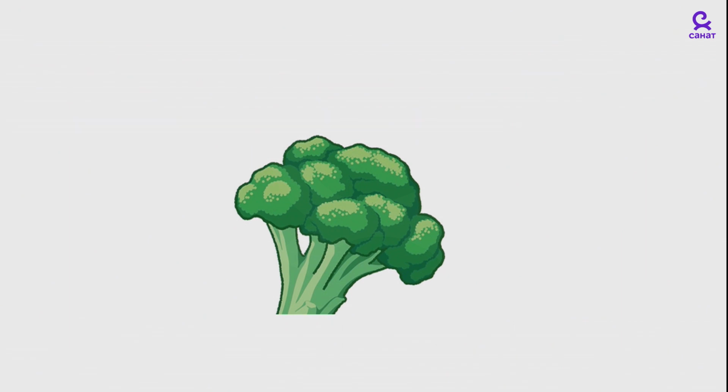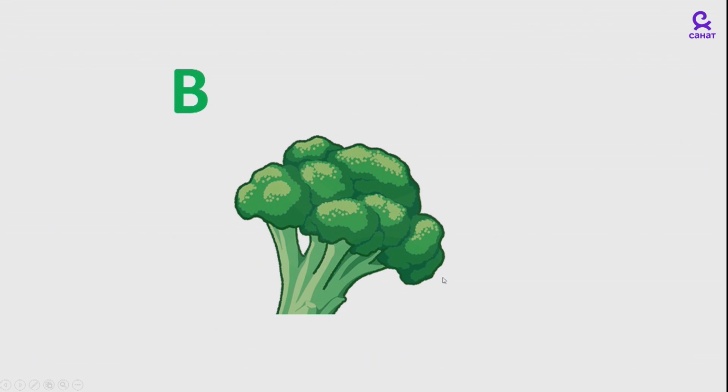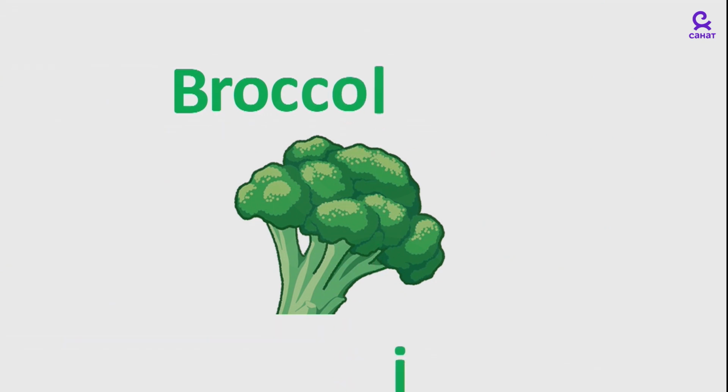It's broccoli. Can you repeat after me? Broccoli. Broccoli. Let's spell it. B-R-O-C-C-O-L-I. Broccoli. Good.